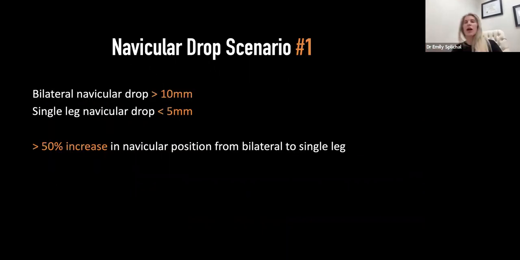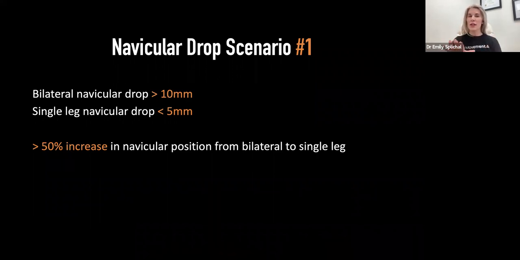So let's go into a couple scenarios here, all right? So we measured from open chain to standing on both feet. Let's say, boom, they both dropped 10 millimeters. Oh my gosh, we are pathological. We have a pathological navicular drop in midfoot pronation. This is not good, right?